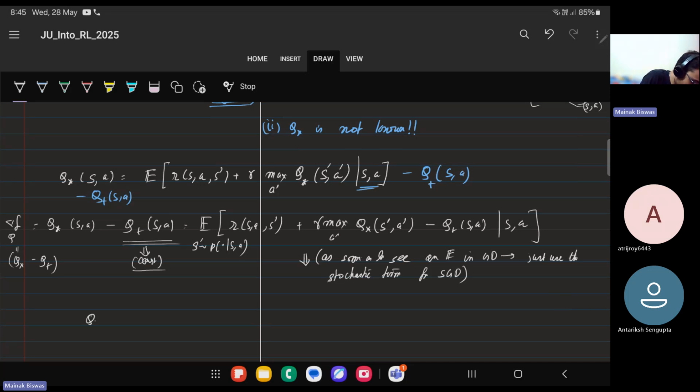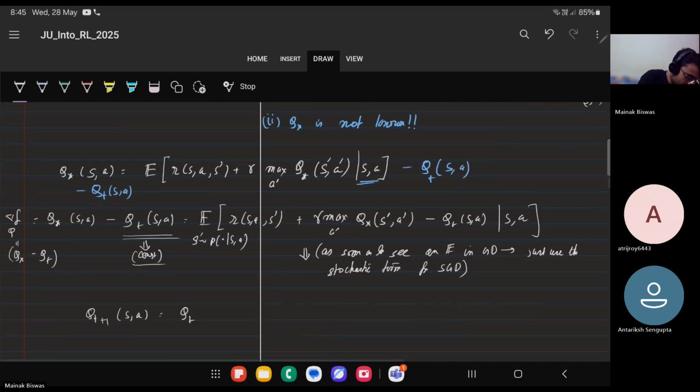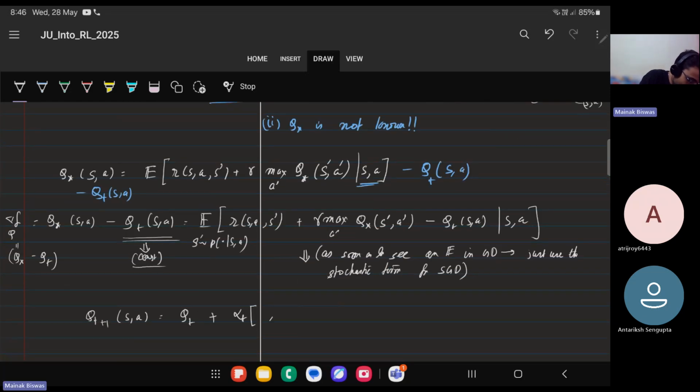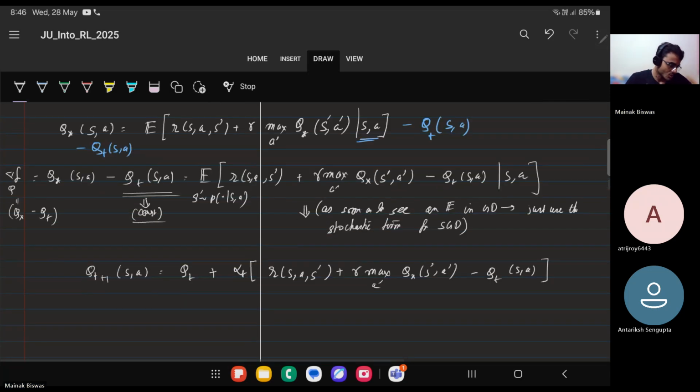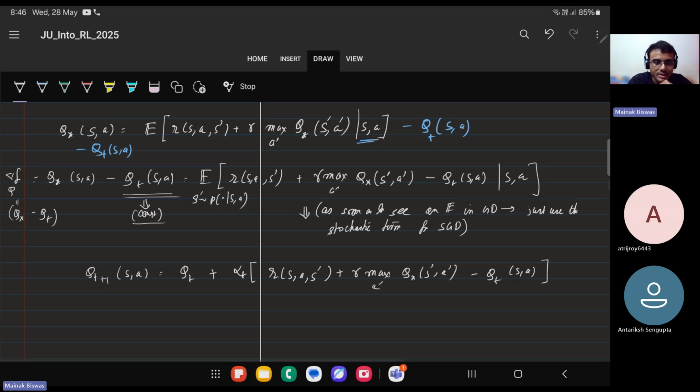Therefore your update becomes Qt plus 1 of s comma a as Qt plus alpha t times R of s, a, s dash plus gamma times max over a dash of Q star of s dash comma a dash minus Qt of s comma a. So again, here the problem still persists, right? So this is your model-free tabular Q-learning.